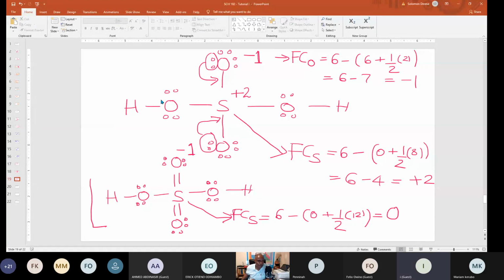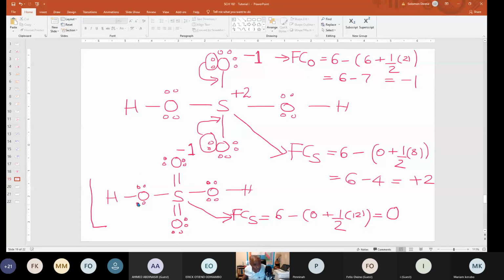And then either this oxygen or this oxygen, if the hydrogen is taken away, either of them can be negatively charged. But these negatively charged oxygens are not conjugated to something with a double bond. As a result, the negative charge will be localized and remain on the oxygen.